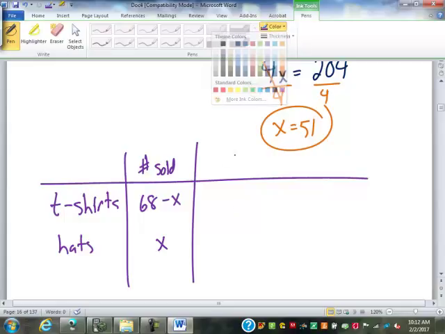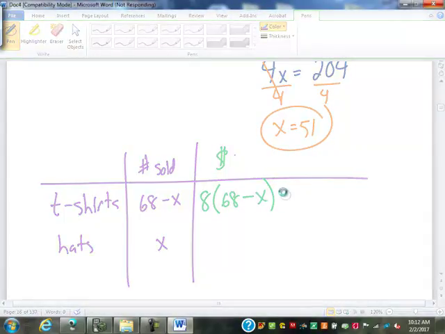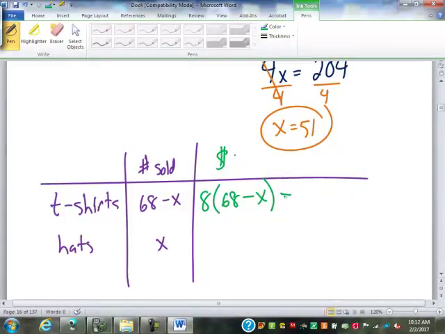So the dollars would have been 8 times 68 minus x, which is 544 minus 8x. 8 times 68 is 544. 8 times negative x is minus 8x.